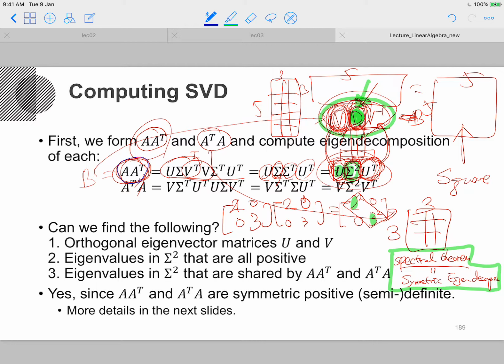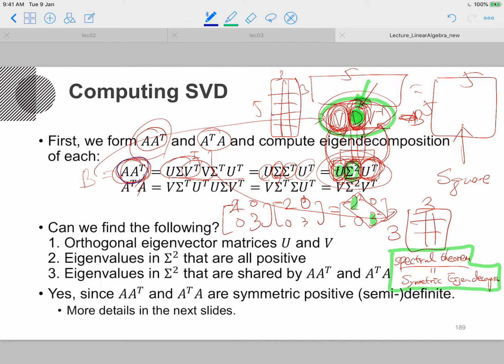And why is it so? What's the meaning of it? What's the necessary condition of having eigen decomposition?